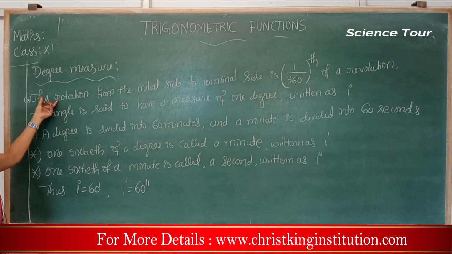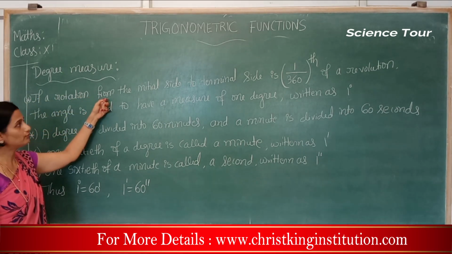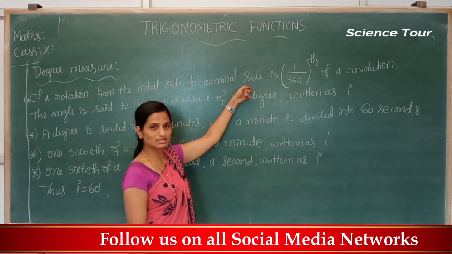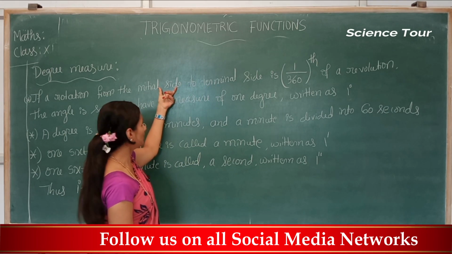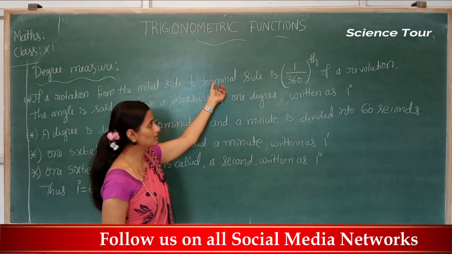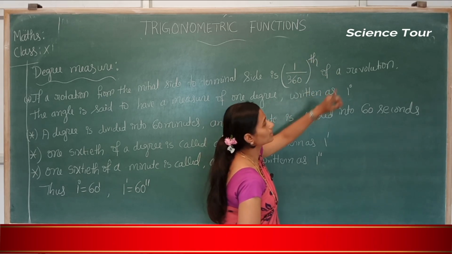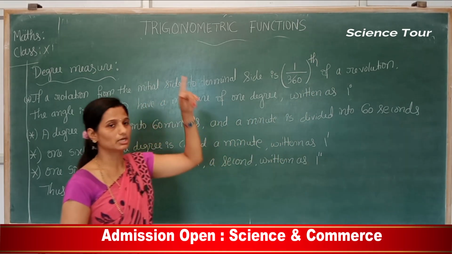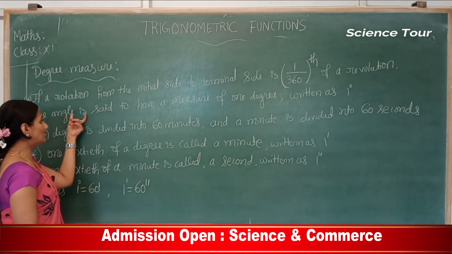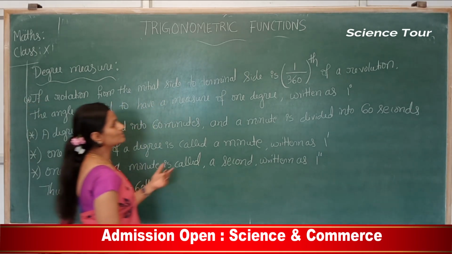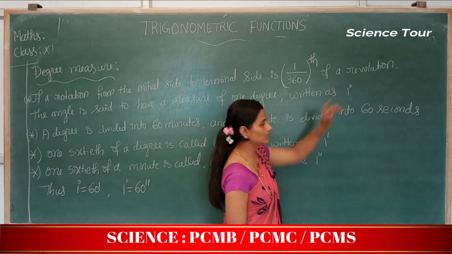If the rotation from the initial side to the terminal side is 1 by 360th of a revolution or of a rotation, the angle is said to have a measure of 1 degree, and that is written as 1 degree.